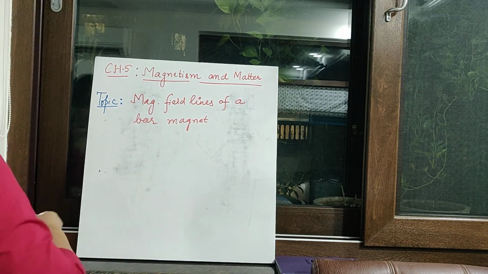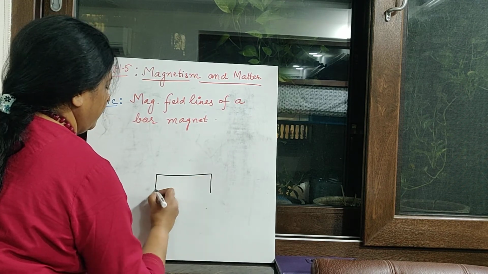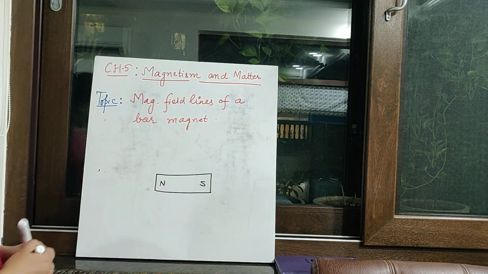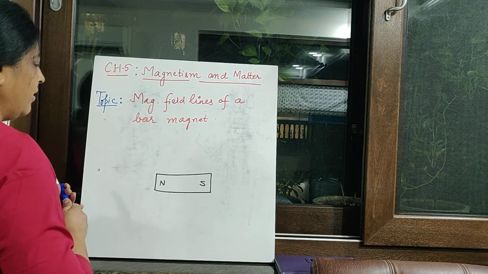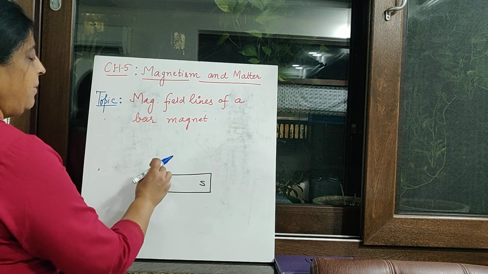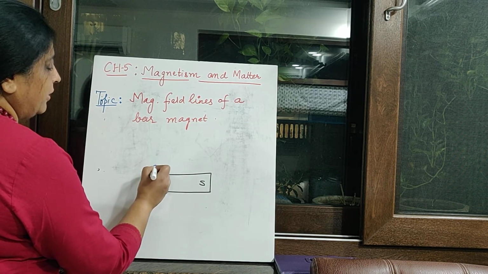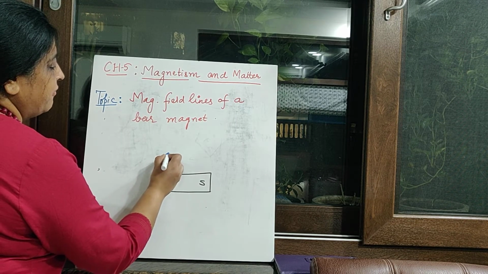Now suppose this is a bar magnet, and we start keeping a magnetic compass needle at any one point. Let us mark one point here. As we keep the compass needle at different places, the north pole of the compass needle will keep pointing at different points.